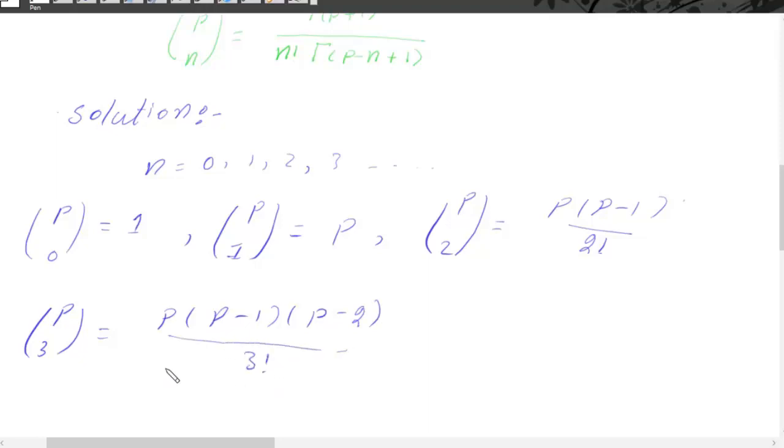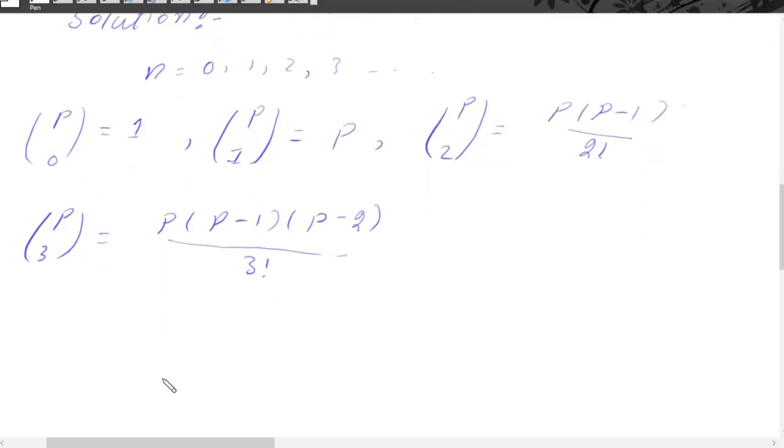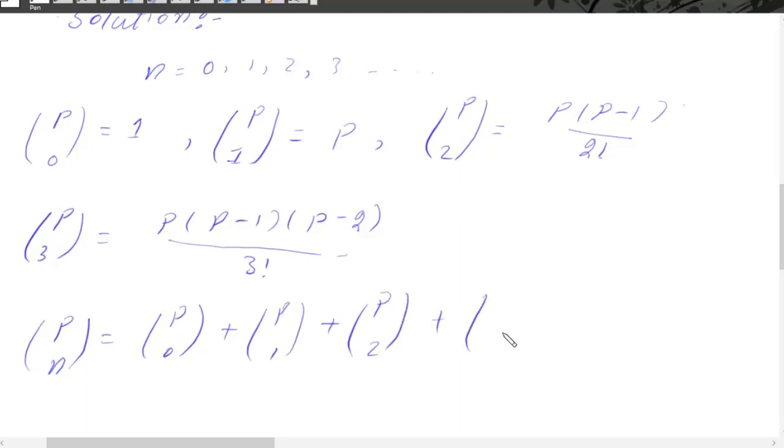Okay, then we can write in the generalized form: the sum over n is equal to the p 0 plus p 1 plus p 2 and so on.